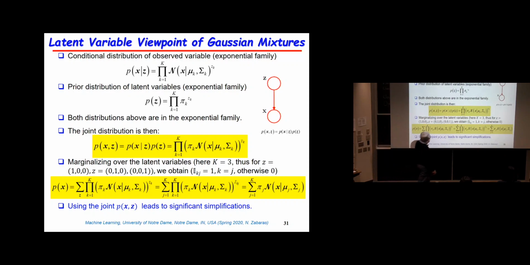So if I take the values of z to be 1, 0, 0, what will this thing give me? I'm going to sum over all possible values of z. If z equals 1, 0, 0, what do I get from this term? Gaussian 1 times pi 1. And then Gaussian 2 times pi 2. And then you get the Gaussian mixture.